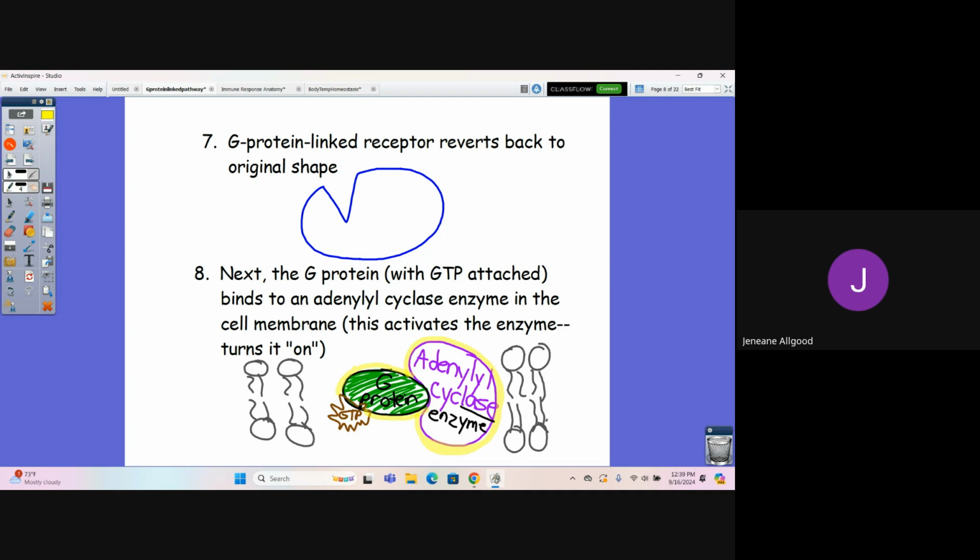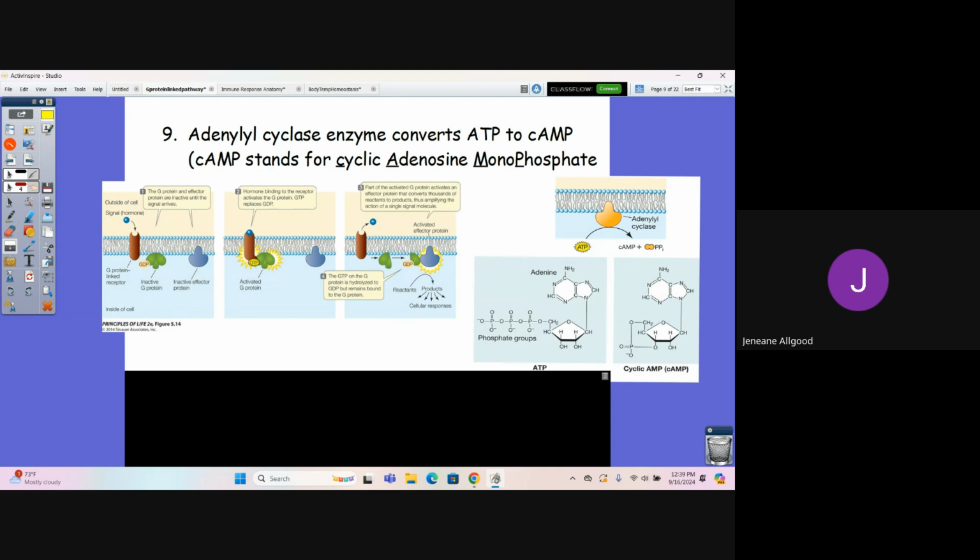And enzymes catalyze metabolic reactions, or they speed up chemical reactions. They help things to occur faster than they would on their own. All right, let's move on. And we will draw this one, but we got to fill in our notes for it first.